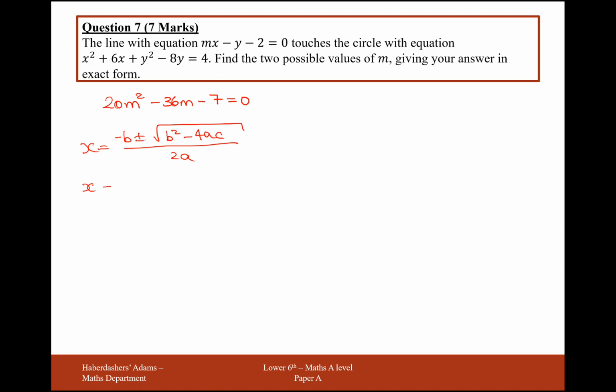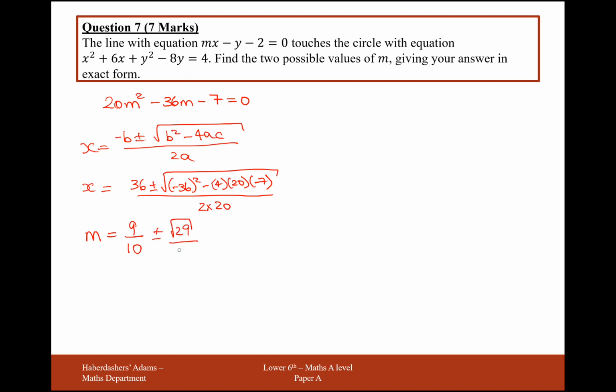So nearly done here. x equals minus minus 36, so 36 plus or minus the square root of minus 36 squared minus 4 times 20 times minus 7 all over 2, and we finally end up with, well, we're working with m's here, aren't we, rather than x's, so we get m equals 9 over, so over 2 times 20 rather, so 9 over 10 plus or minus the square root of 29 over 5, once we've plugged that all into our calculator. Okay, great, 7 marks for that question.